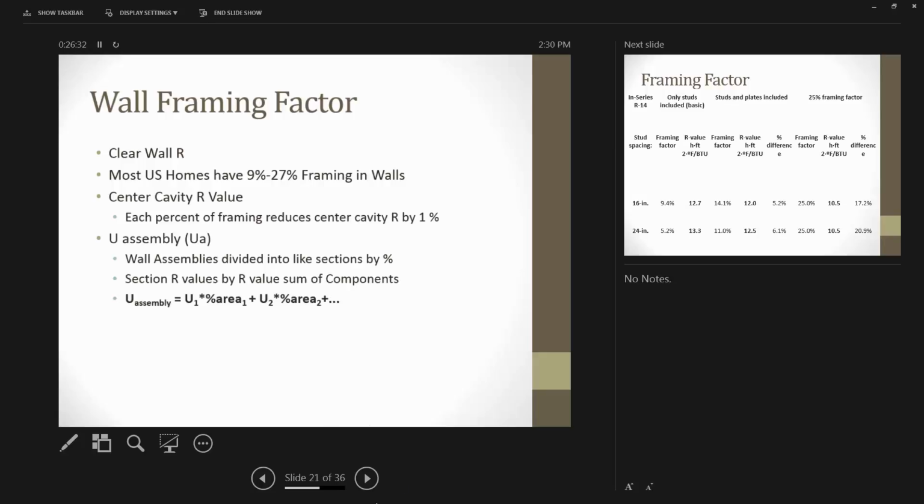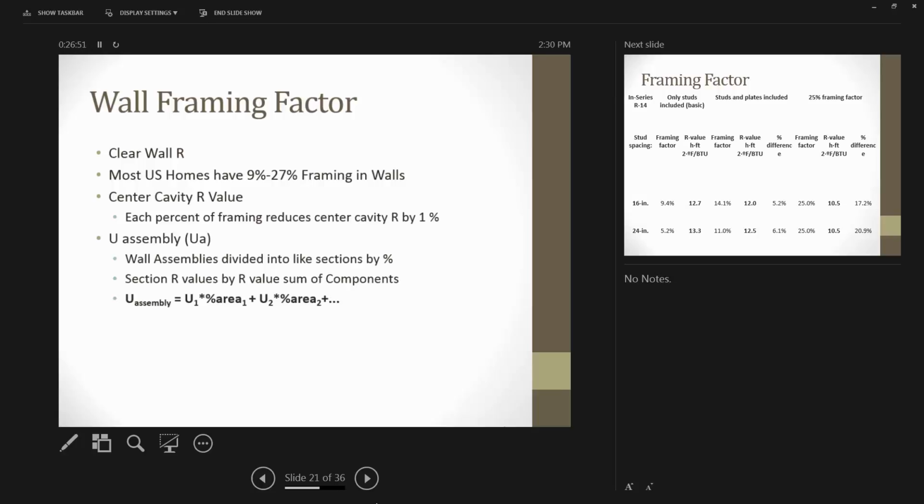So what you have to do, and this is where a lot of the programs really come in and can significantly help out in energy modeling, because you can get these things replicable in the programs, but you have to break down the whole assembly into different sections.